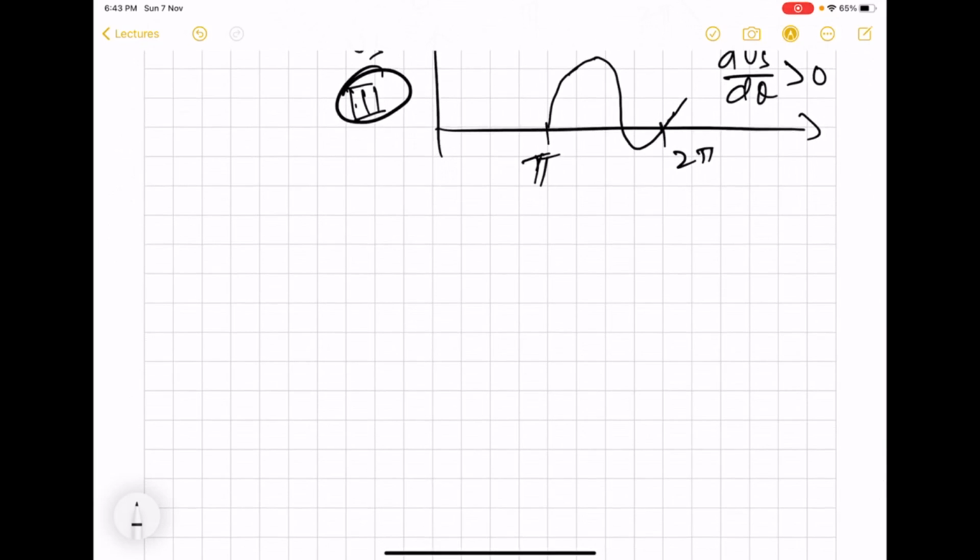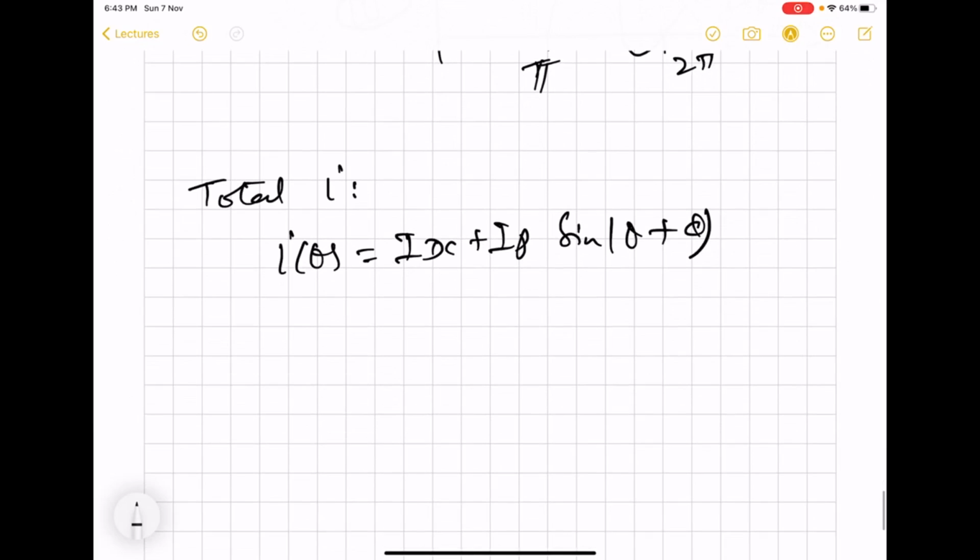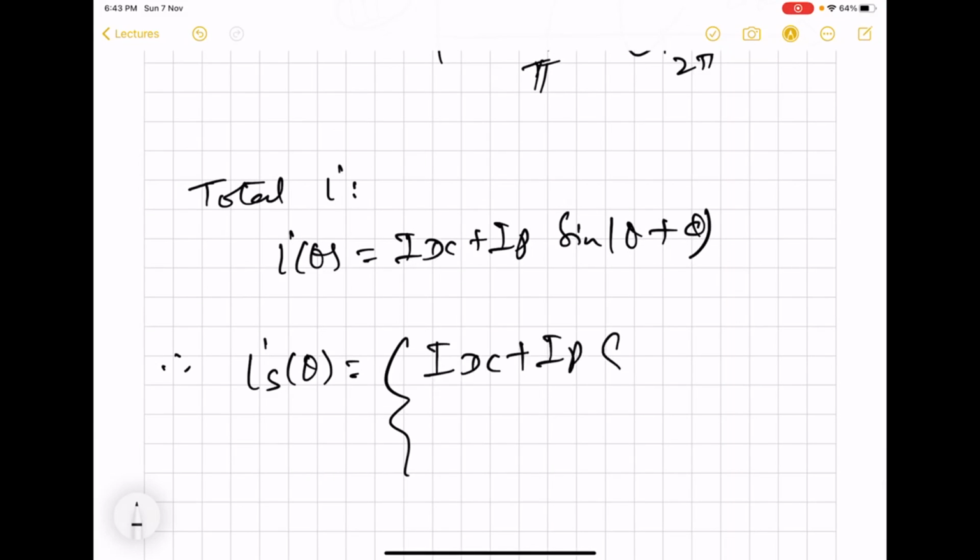This switch current and capacitor current are part of the total current. So the total current we have already seen is IDC plus IP sine(theta plus phi). Therefore, the switch current is equal to IDC plus IP sine(theta plus phi), and this happens over the duration 0 to pi.